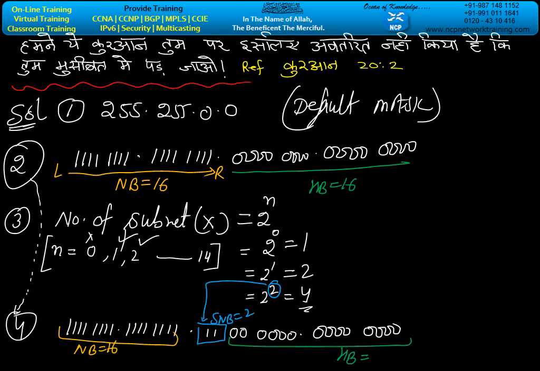Now the remaining host bits is 14, 8 and 6, and the default host bits was 16. We have turned on 2 bits in step number 4 for the subnetwork bits. Now the total bits of the network in this is 16 plus 2, 18.